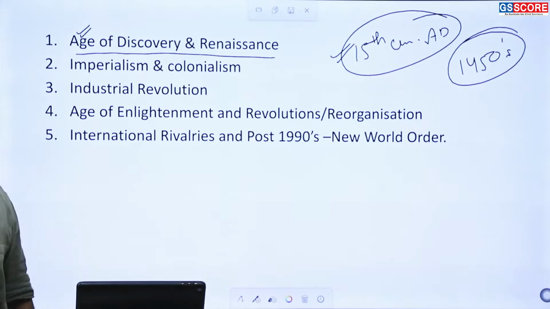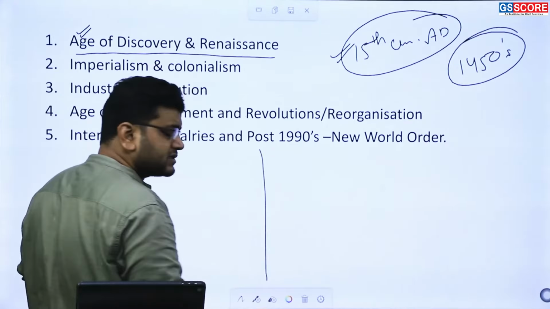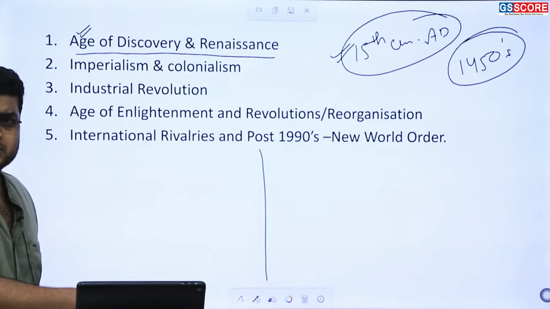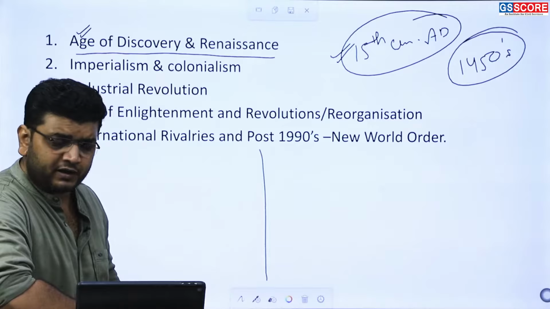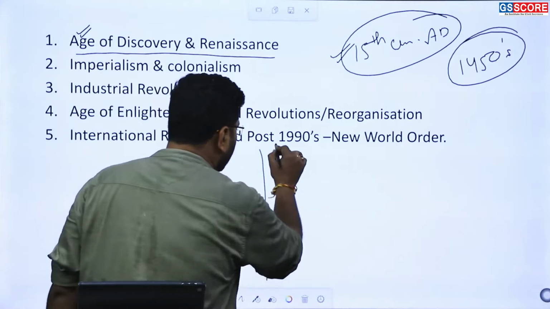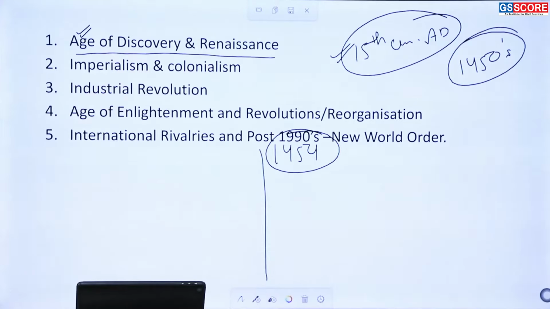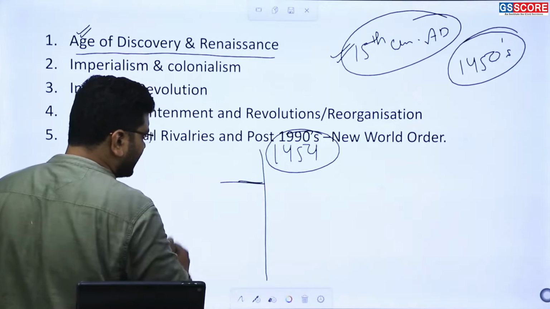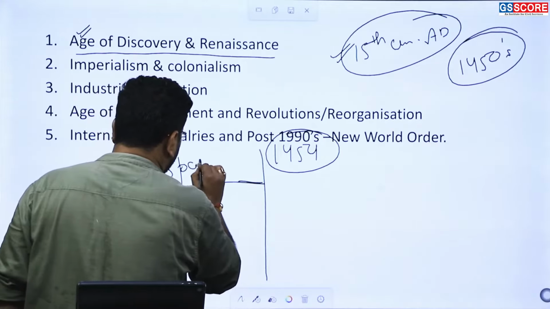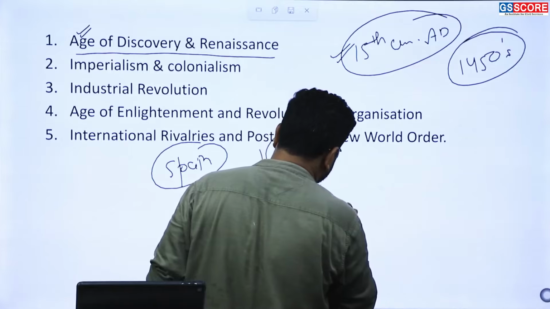Trading was a very important component, and after that we all know that the imperial powers like France, Britain, Portugal and Spain were involved. The initiative was taken by Portugal and Spain, and in 1494 there was the Treaty of Tordesillas. In this treaty, an imaginary line was drawn on the Atlantic, and the territories lying to the west of that line were taken by Spain, and the territories lying to the east were taken by Portugal. We all know this point.